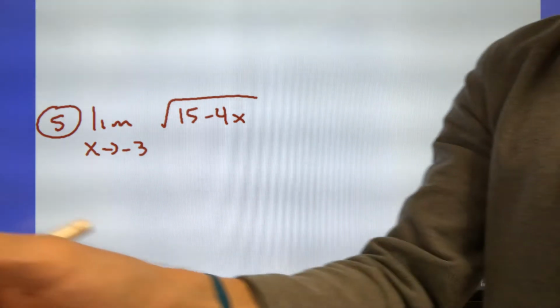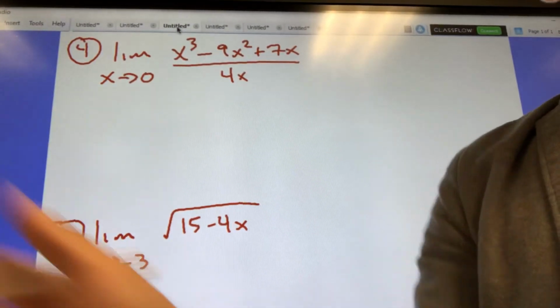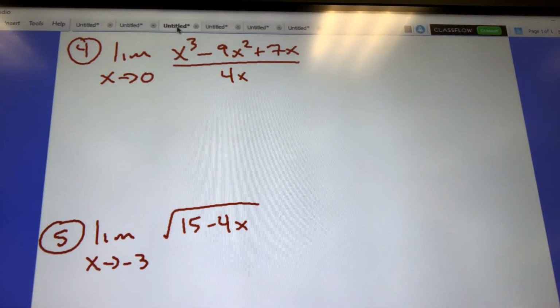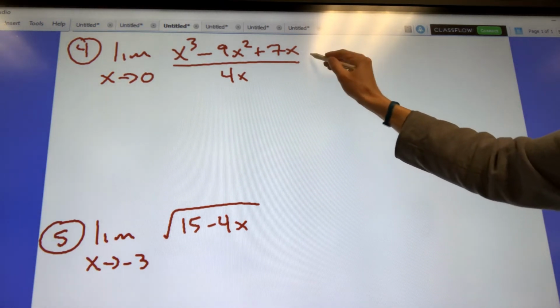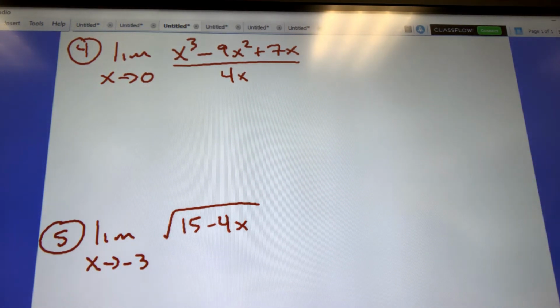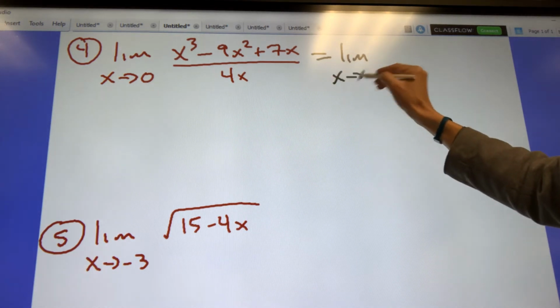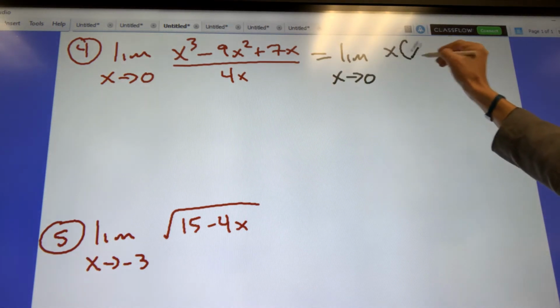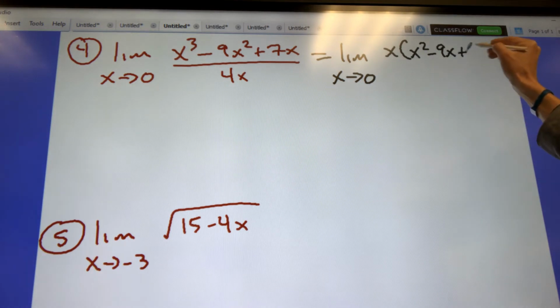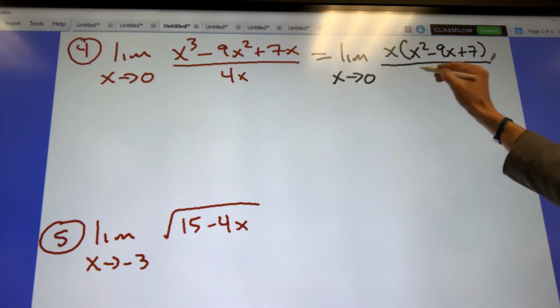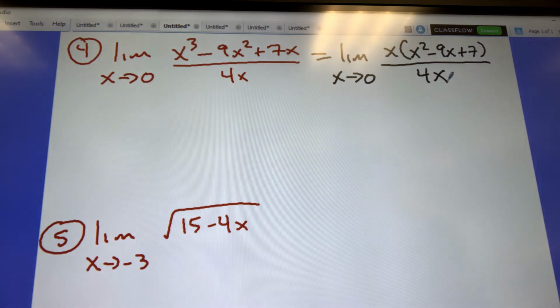All right, take a look at 4. Number 4, here's the limit as x goes to 0 of x to the third minus 9x squared plus 7x over 4x. Up top, what we're going to do is factor: the limit as x goes to 0 of x times x squared minus 9x plus 7, divided by 4x.